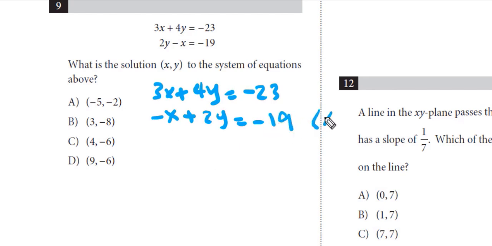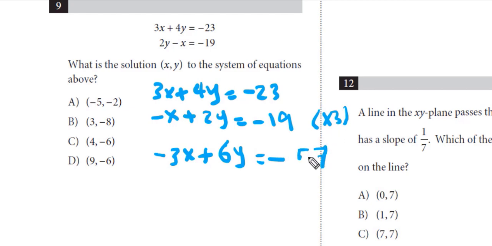If you multiply this by 3, then it will be negative 3x plus 2 times 3, it will be 6y. Negative 19 times 3, it will be negative 57. Then this is the second equation here.